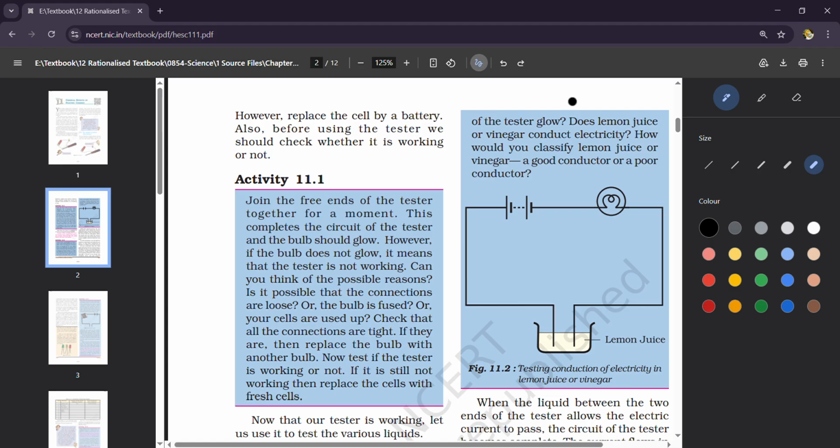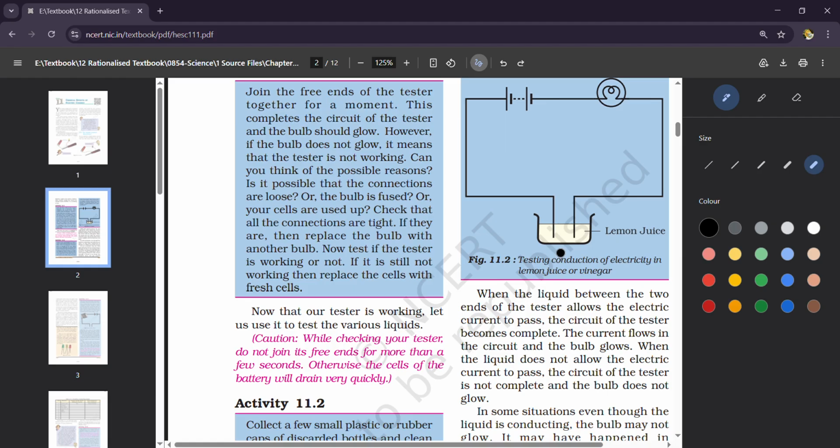In lemon juice too there are some charge carriers present, which lead to the conducting of this solution. These charge carriers are free electrons and ions. These move towards the source.